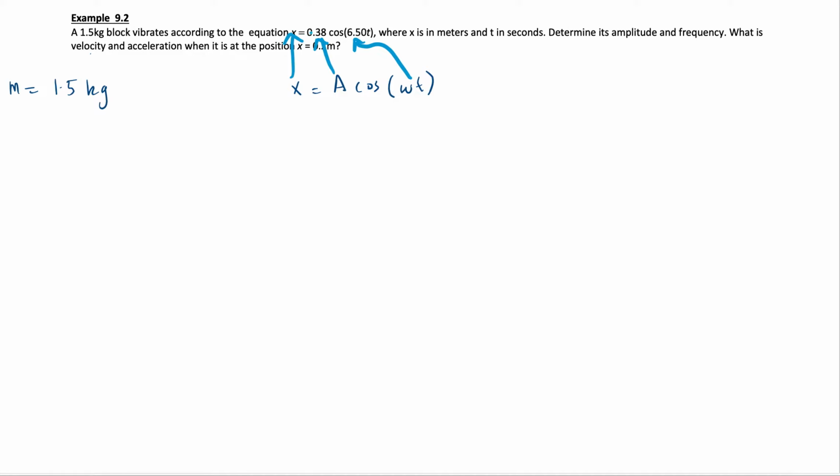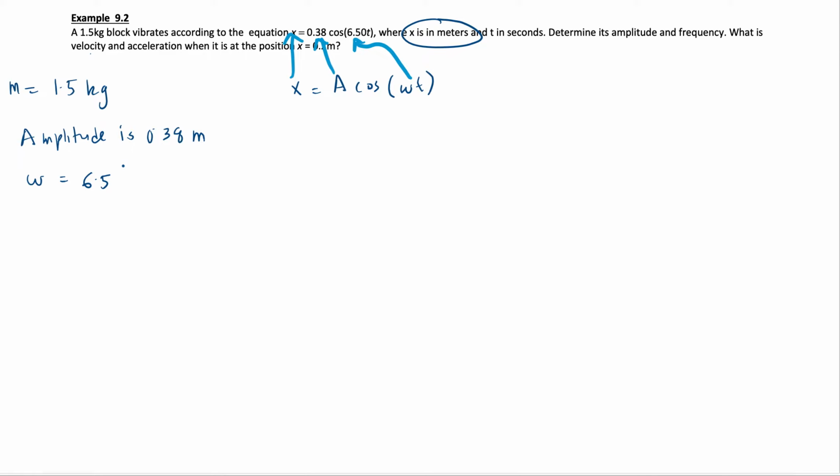Just comparing the generic equation to your question, I can already say that the amplitude is 0.38 meters. Why is it in meters? Because x is in meters, so A should be in meters as well. And then determine its frequency. We have omega, which is 6.5.